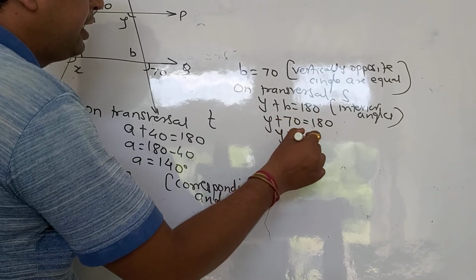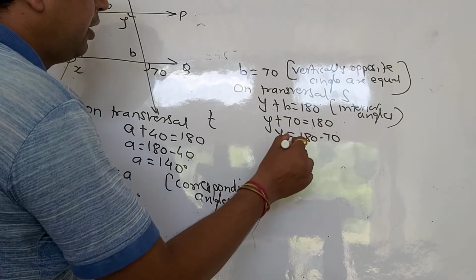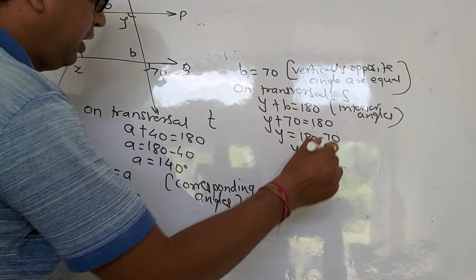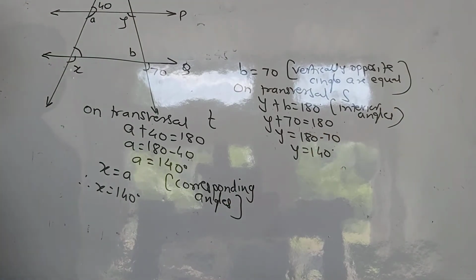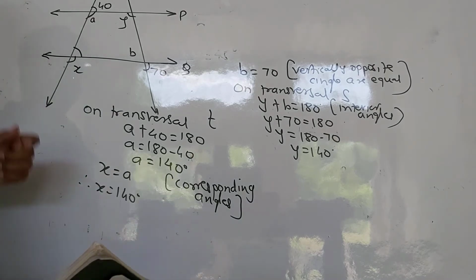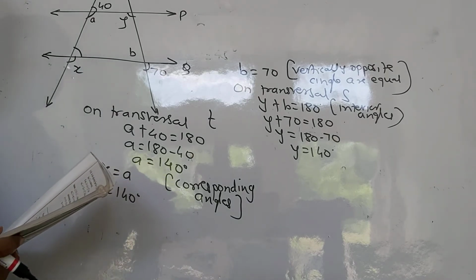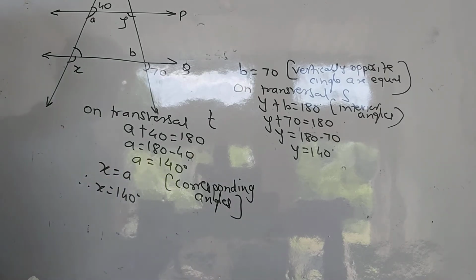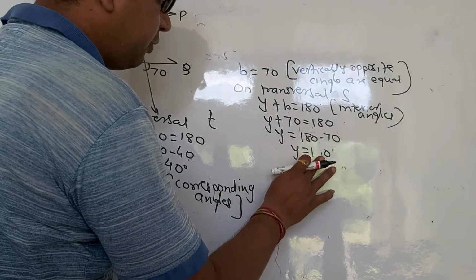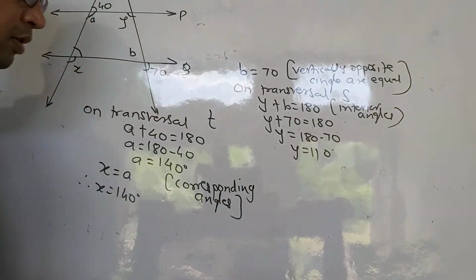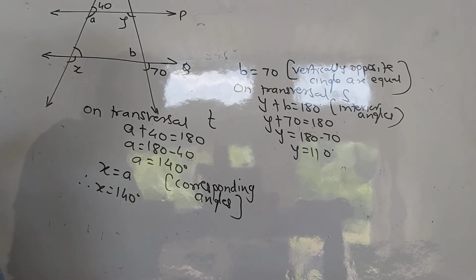Take 70 to the right side, it will become minus 70. Y is equal to 140. Therefore, X we got 140 and Y we got 140. Sorry, 140 not. This is 110. 180 minus 70 is 110.